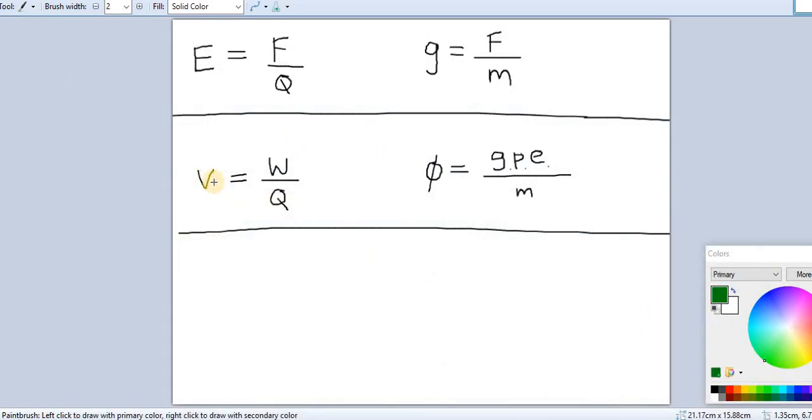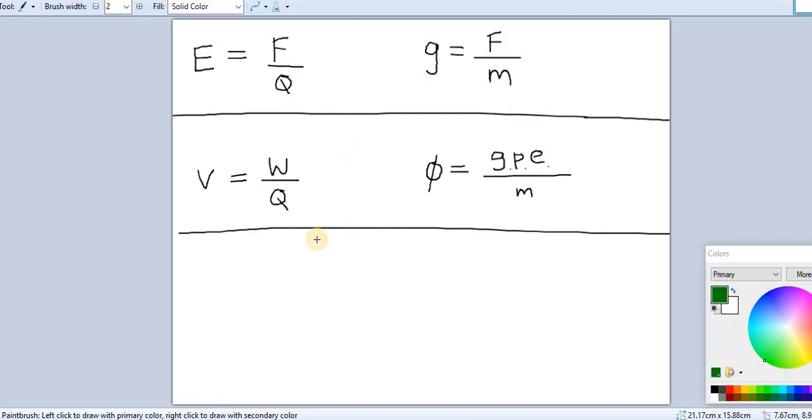Over here, when it comes to electricity, the potential difference is equal to work done divided by unit charge, so it's work per unit charge. This is electrical potential difference, and here we have gravitational potential. Work done is energy transferred, so here we have gravitational potential energy divided by mass, while here we divide by charge.